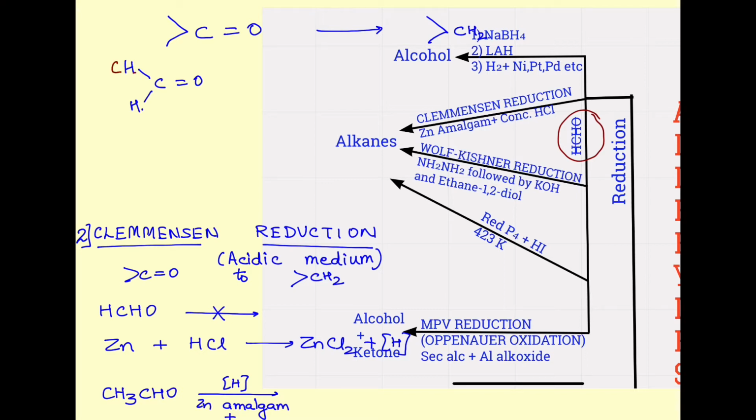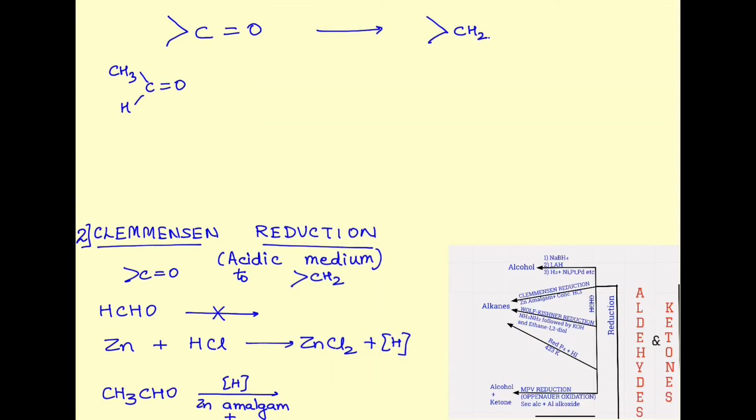So what do I do? I take another aldehyde. So I've got over here CH3CHO. Now what will be the product of this reaction? You can either use zinc amalgam, amalgam is with mercury, and concentrated HCl, or what is there in the Wolff-Kishner reduction?